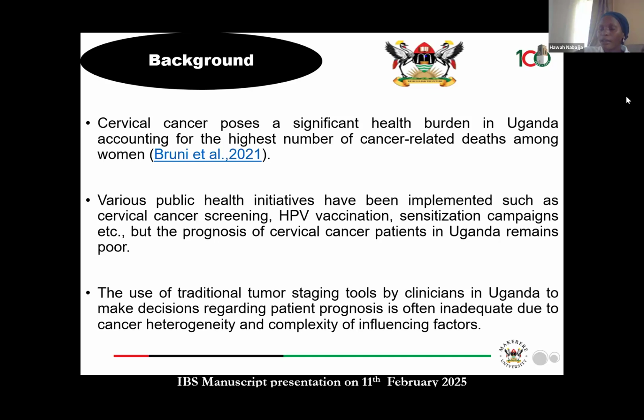That's why we have high rates of mortality and high loss to follow-up in cervical cancer treatment. That's why I said, what if I use machine learning algorithms, because these models are capable of accounting for the heterogeneity between tumor staging and patient outcomes.